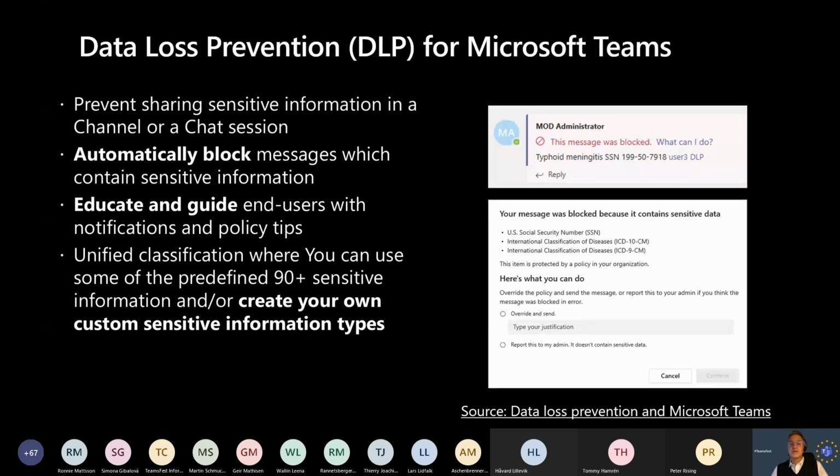DLP for external chat sessions will only work if both the sender and receiver are in Teams only mode and using Microsoft Teams native federation. DLP for Teams does not block messages in interoperability with Skype for Business or non-native federated chat sessions.